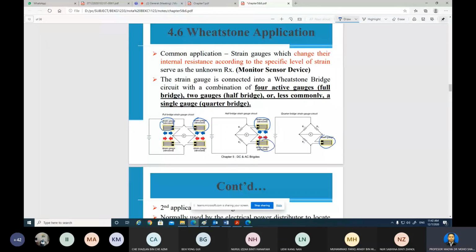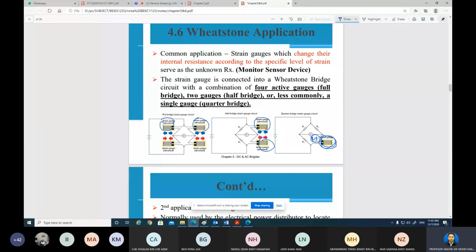Normally we have only one, Rx here, so we measure the strain gauge depending on this value. That is the function of the Wheatstone bridge for the strain gauge.